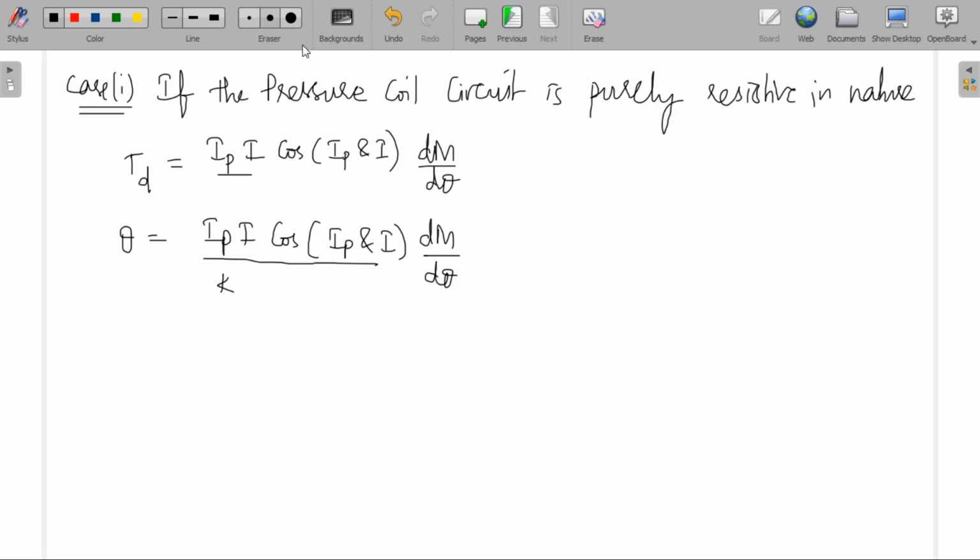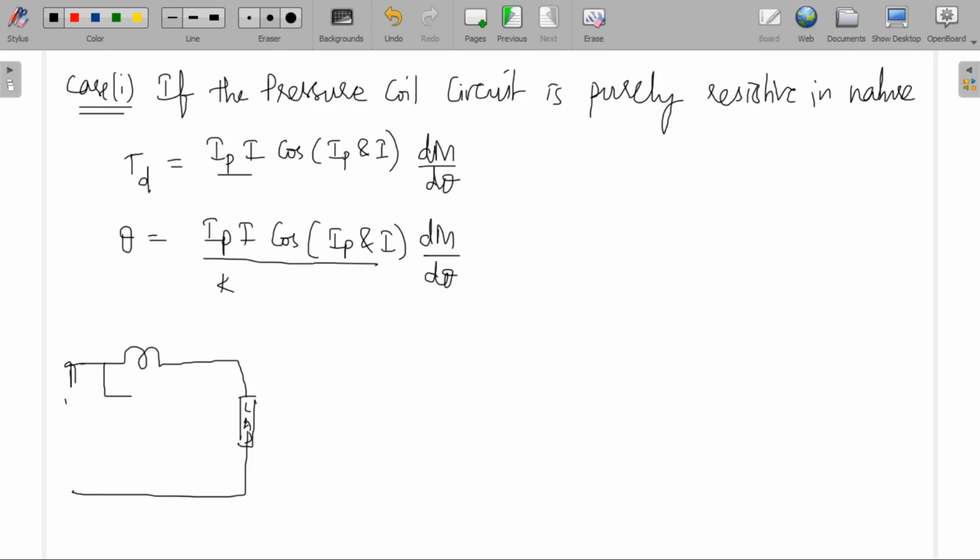Anyhow, now let me draw the wattmeter circuit. This is the current coil which is connected in series with the load. Pressure coil across the applied voltage.